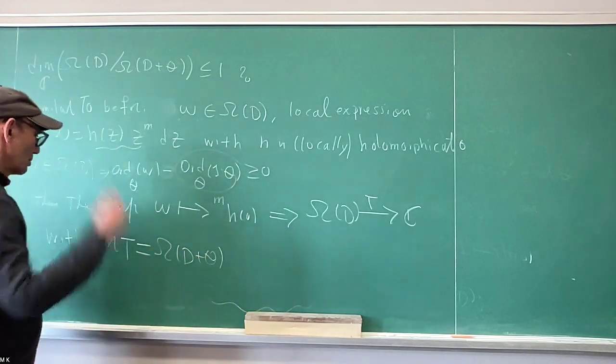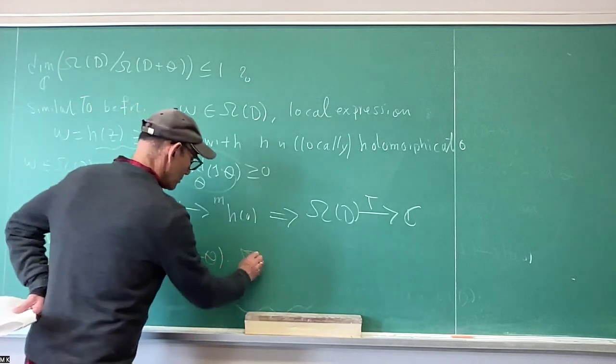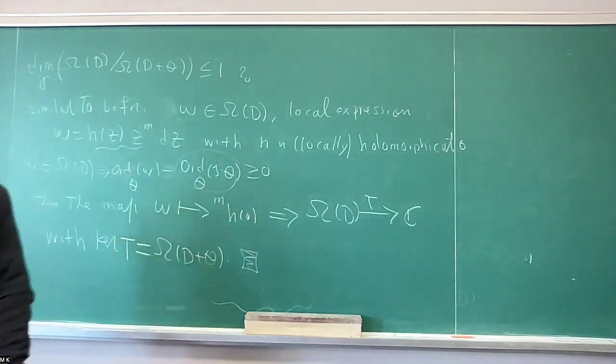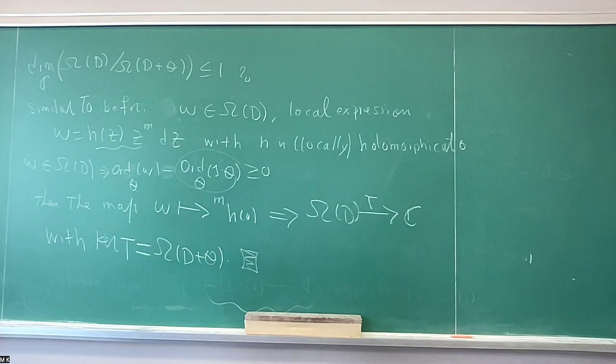Okay, so we are done. I mean, the second part of the lemma is proved in both cases, for meromorphic one forms and for meromorphic functions. So that's proof.